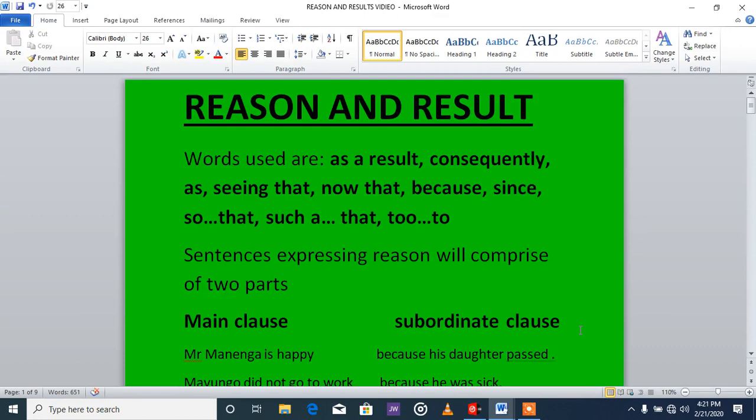In the first one we looked at contrast and concession. Then I explained a bit on reason and result. A reason and result statement shows a reason and a result for something.